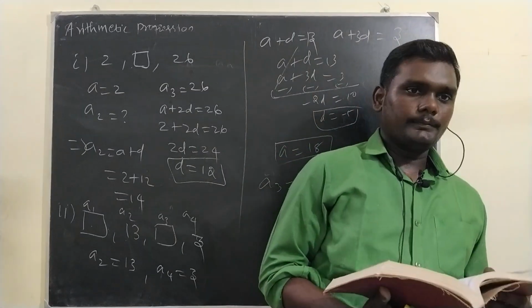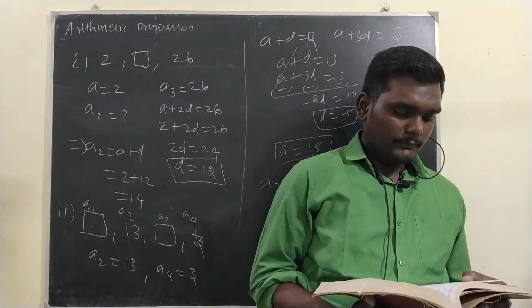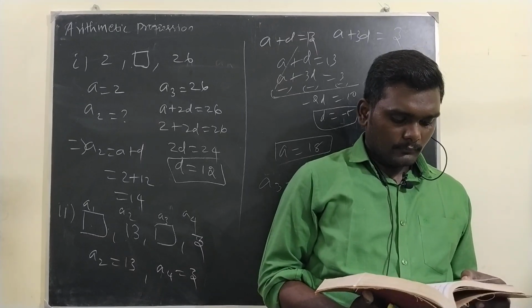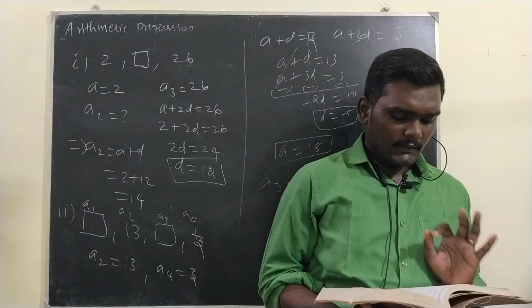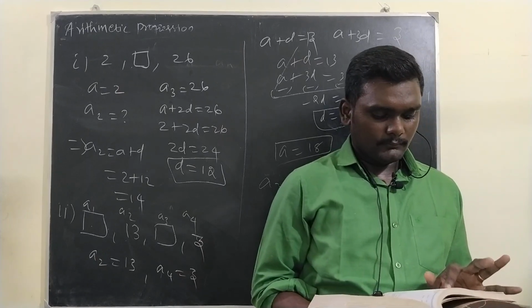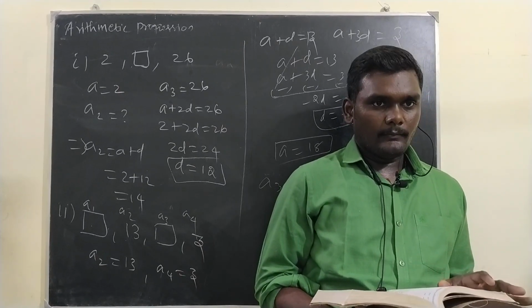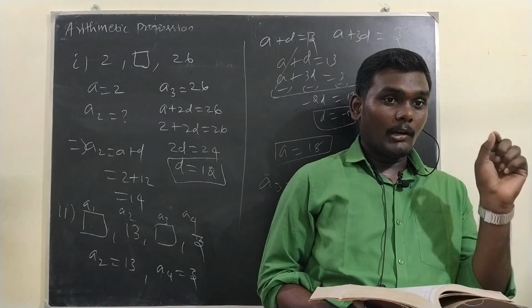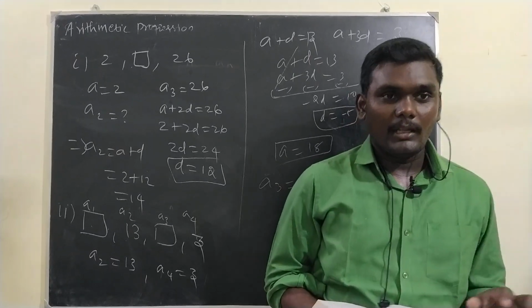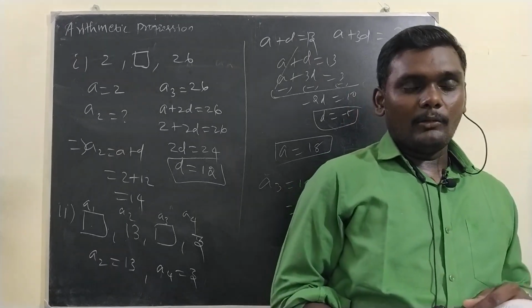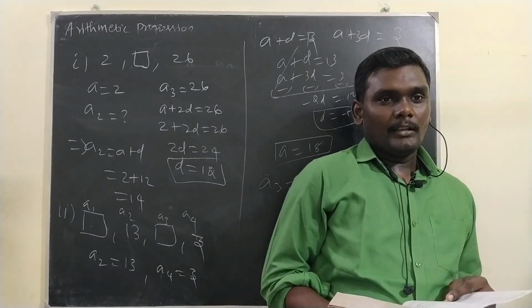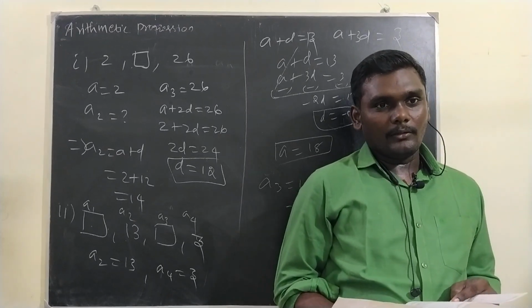A1 is minus 4. No, it is the sixth term. That is why I told you to count using your pencil: A1, A2, A3, like count. Did you count or not? You counted, but you lost your count, right?